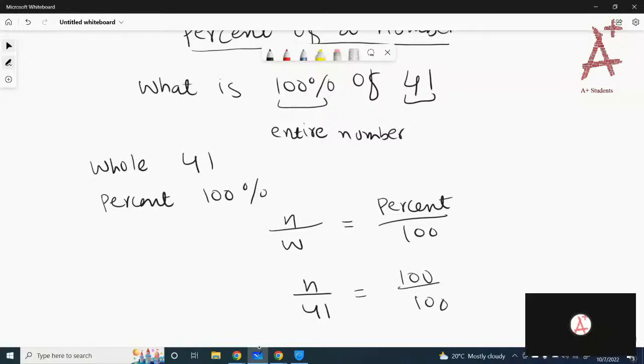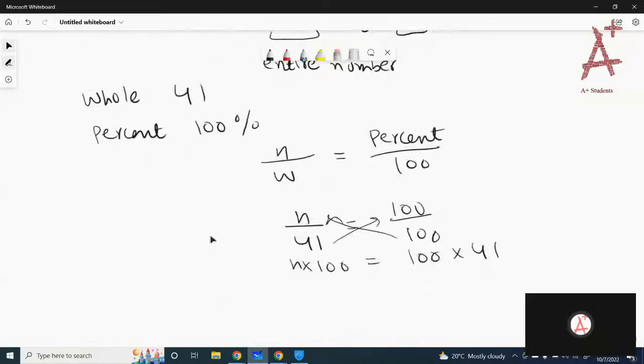Let's cross multiply: n times 100 equals 100 times 41. 100 is multiplying n, so you have to divide both sides by 100. So 100 and 100 cancel out, you are left with n, and on the other side 100 and 100 cancel out and you're left with 41. That means 100% of a number is the entire number. Got it?